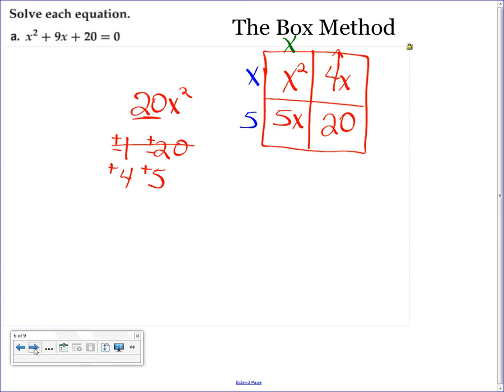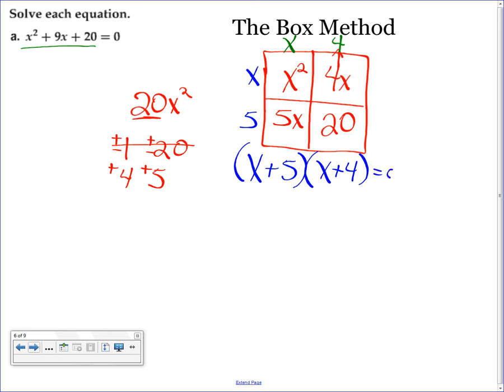Now what we've got is the two binomials that would multiply to give us this. So I've got x plus 5, that's a positive 5, times x plus 4, that's a positive 4, equals 0. Now if I take the time to FOIL this out, let's just do that real quick.